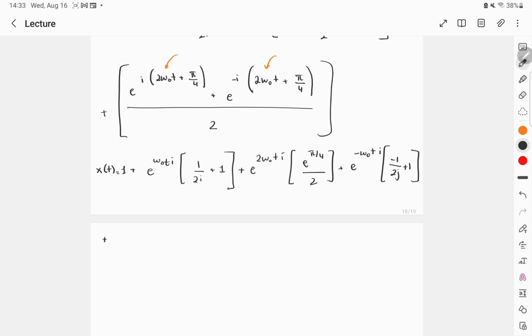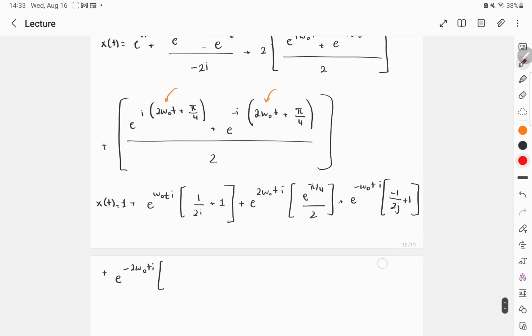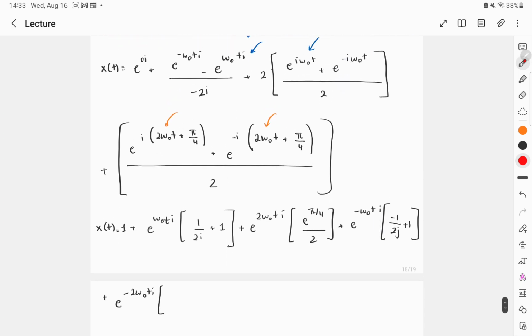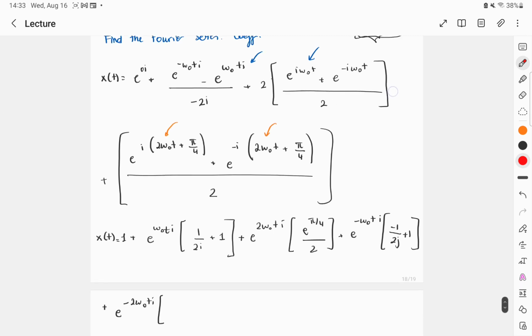Let me continue from here, as I don't have any space left. E to the power of minus 2 omega ti, and let me see the coefficients again with the same method. We have the coefficients which are here.